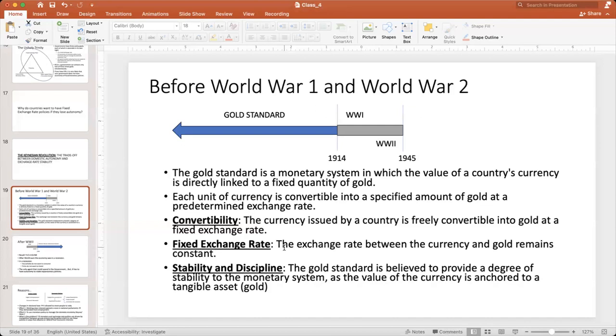The currency issued by a country is freely convertible into gold at a fixed exchange rate. So if you don't trust that piece of paper, you could go to the central bank and exchange that piece of paper for gold.